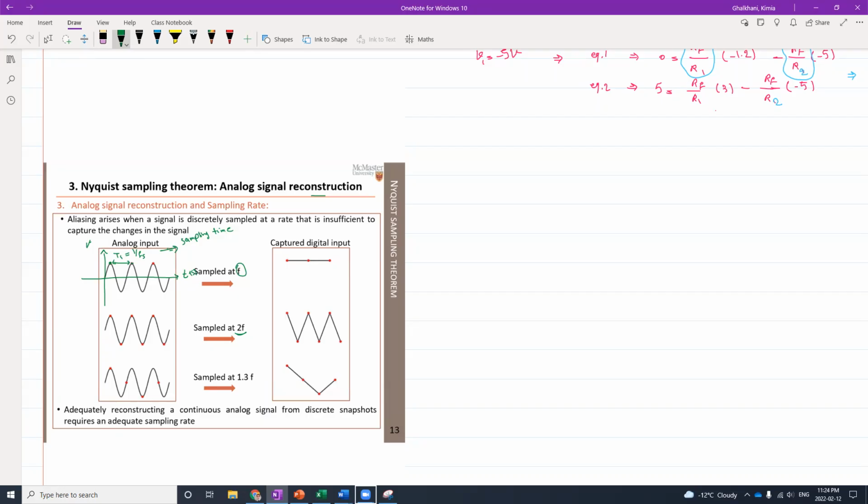But if it is sampled at a lower frequency like this case or this case, since we have fewer samples, it doesn't give us any understanding about the analog input. In this case, it is going to give me something like a straight line. This line is not giving me any information about the sinusoidal wave.